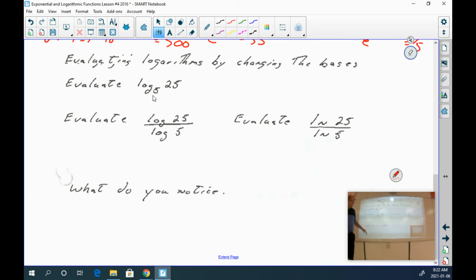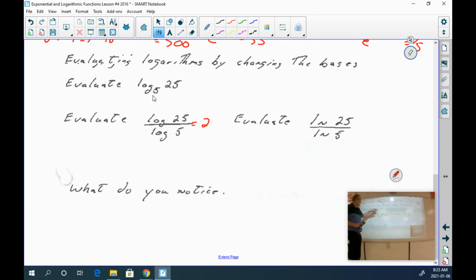Now, if you use your calculator to do this and you go log 25 divided by log 5, we guess we kind of do. This is equal to 2. Because we don't know what power of 10 gets you to 25, or what power of 10 gets you to 5. When you use your calculator and do that with logs, we get 2.